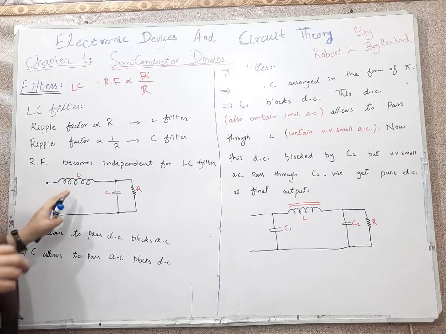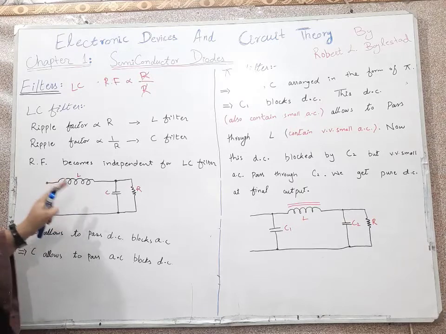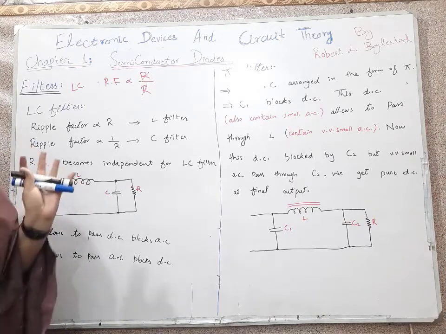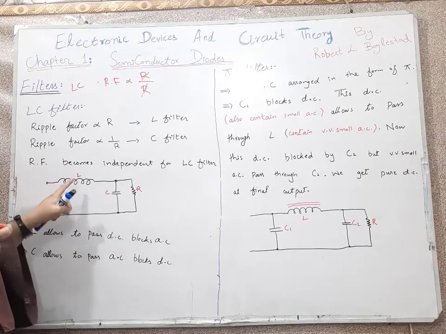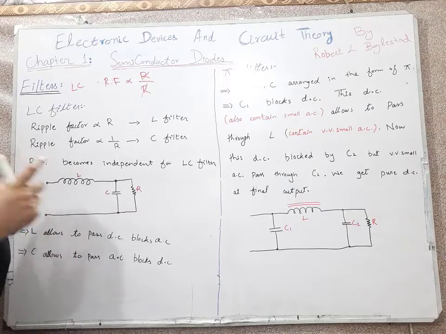This is the circuit diagram for the LC filter. We have not shown the rectifier circuit here. When we show the rectifier circuit with the LC filter, it becomes too complicated.